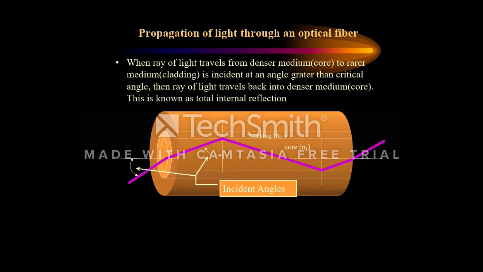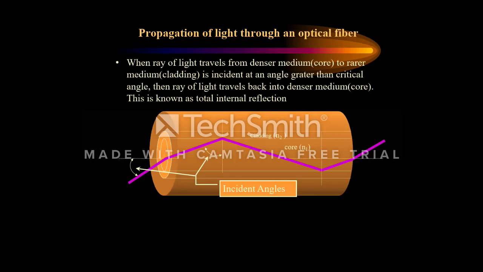Then how does light travel through the optical fiber? So as we have discussed, it travels by the phenomenon of total internal reflection. So again in optical fiber there is a core at the center having refractive index N1, cladding having refractive index N2 which is lower than the core. So light is traveling from core which is denser to cladding which is rarer.